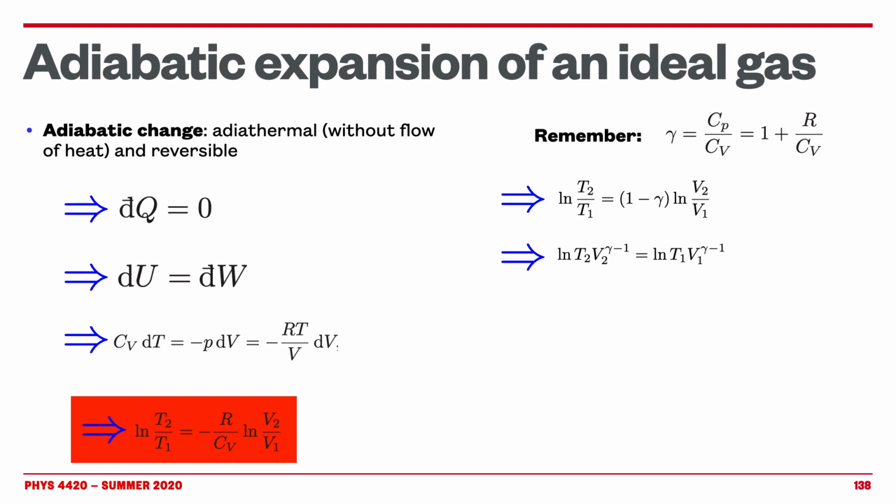Wow, that's very nice, because that means that in an adiabatic expansion of an ideal gas, it looks like T times V to the power gamma minus 1 is a constant, right? Since if the two logarithms are equal, that means the numbers themselves are equal. So what we just proved is that T V to the power gamma minus 1 is a constant in this process. So in an adiabatic expansion of an ideal gas, T V to the power gamma minus 1 is a constant.